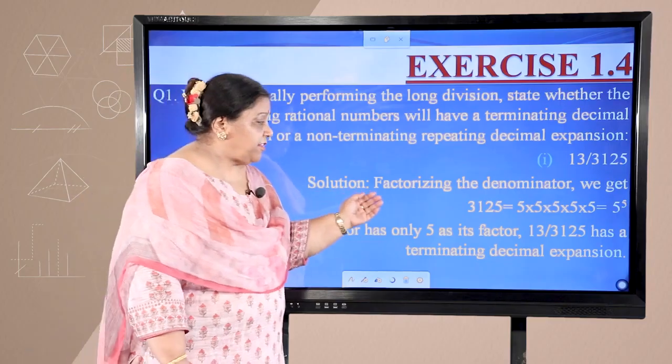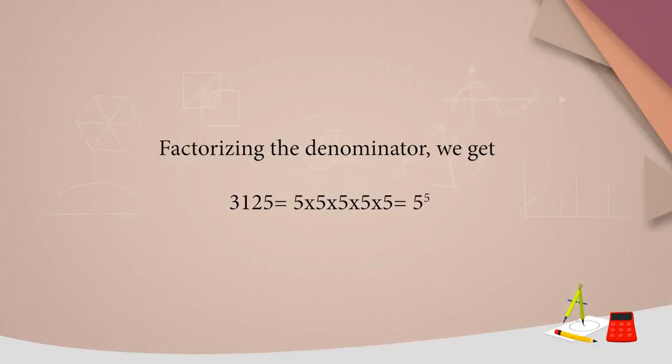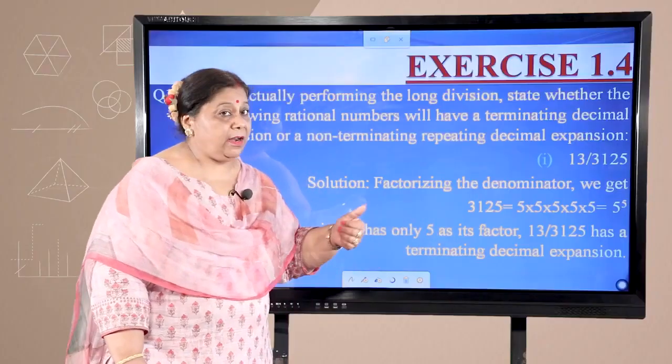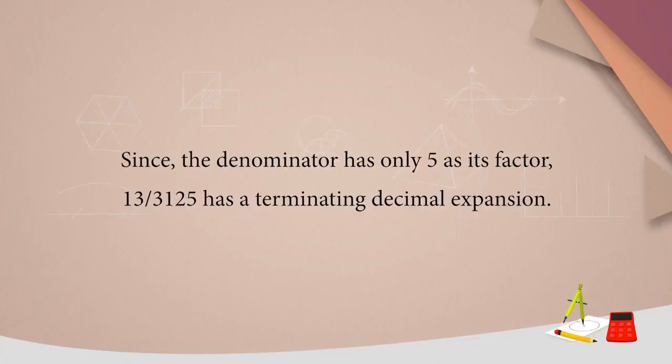Let us factorize the denominator. We get 3125 as 5 into 5 into 5 into 5 into 5, that means 5 to the power 5. Since the denominator has only 5 as its factor, therefore, 13 upon 3125 has a terminating decimal expansion.